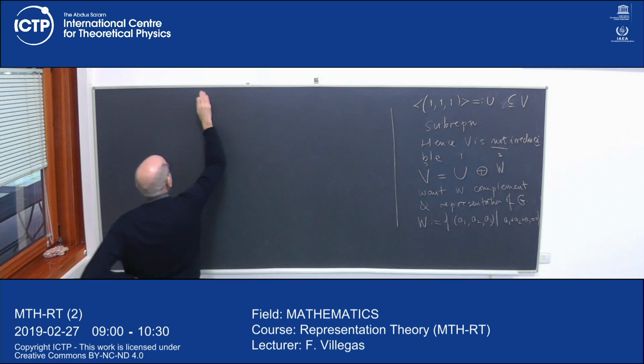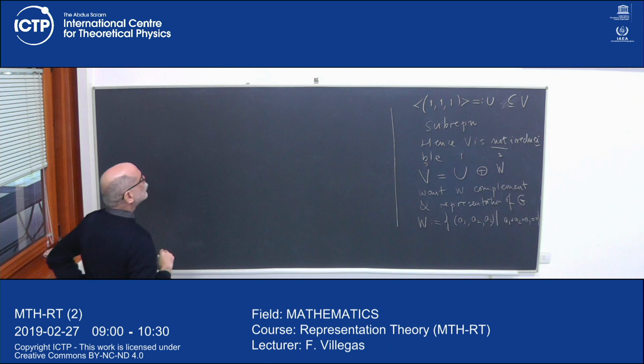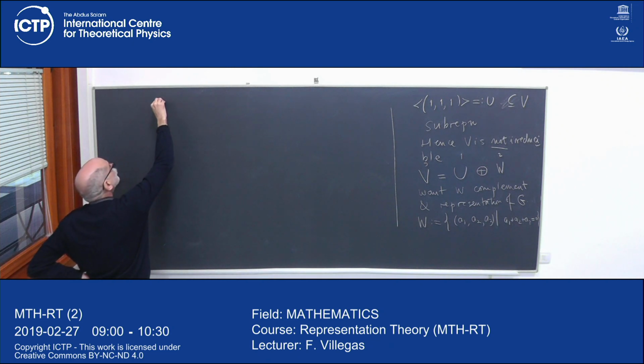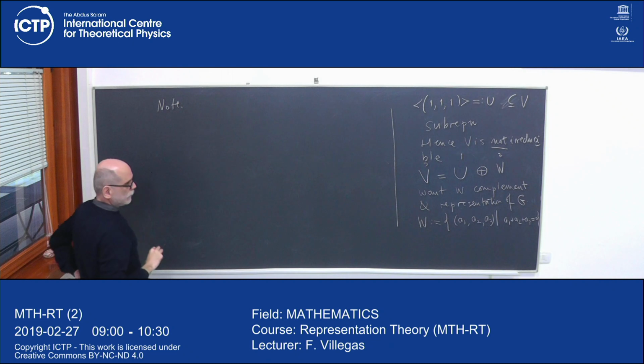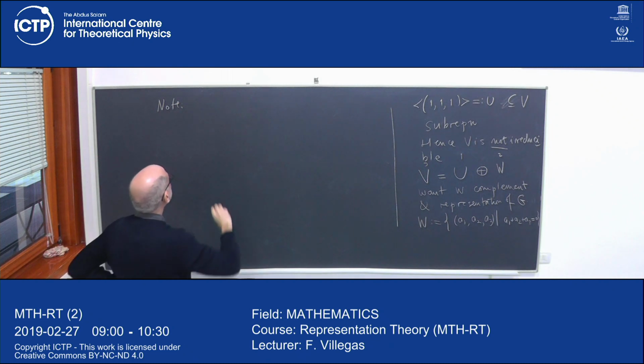And so I claim, make one observation first, that this V came from a permutation representation.